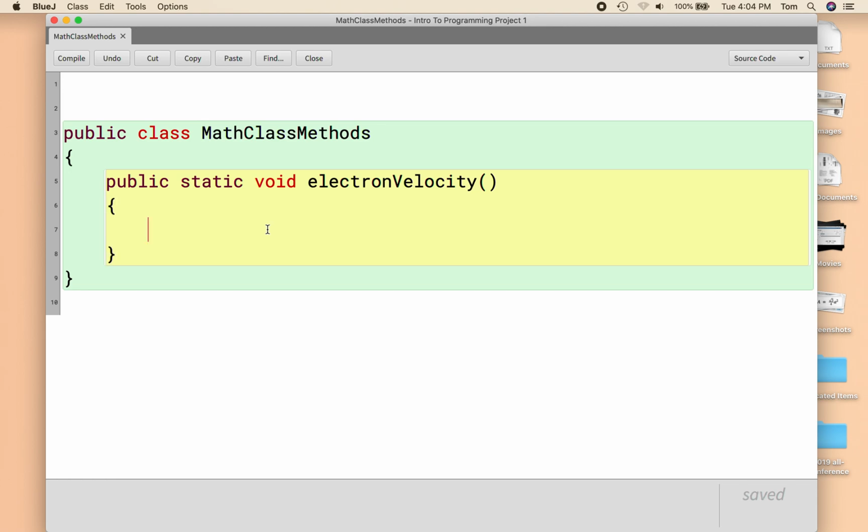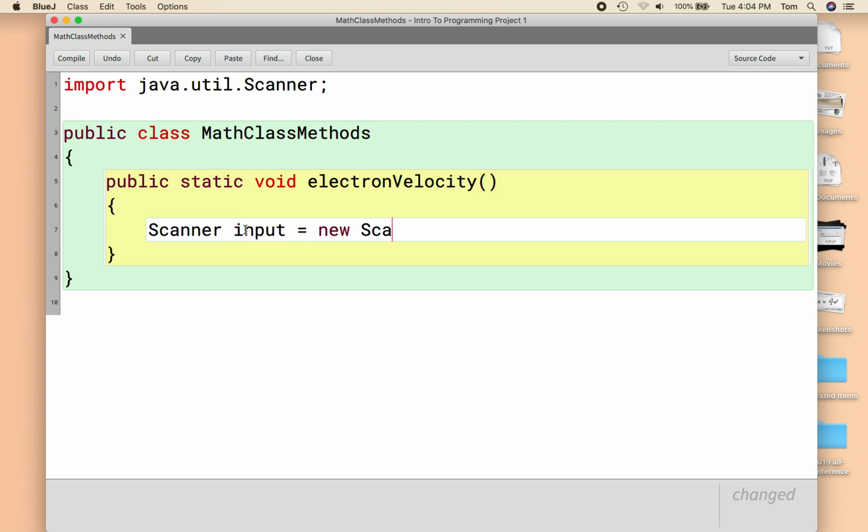Okay, so we're going to use a scanner. So sorry about that. We're going to import java.util.Scanner so that down here we can go ahead and make our scanner object.